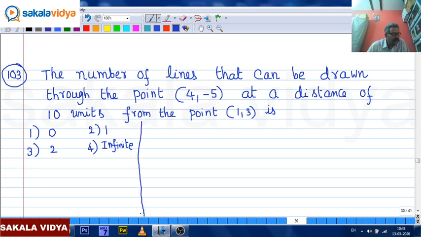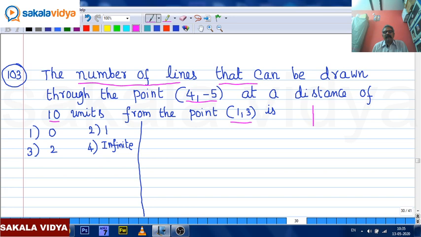This is the question. The number of lines that can be drawn through the point (4, 5) at a distance of 10 units from the point (1, 3).